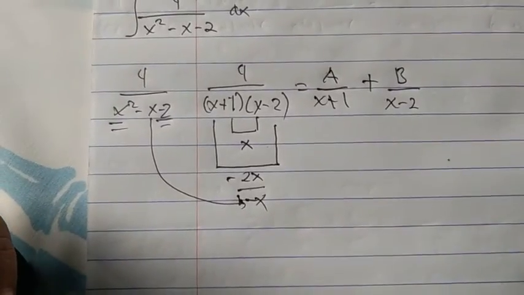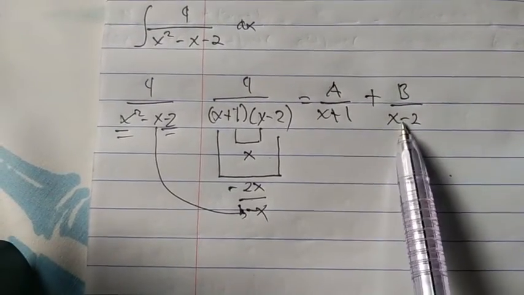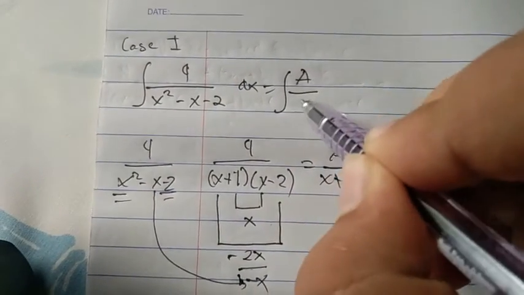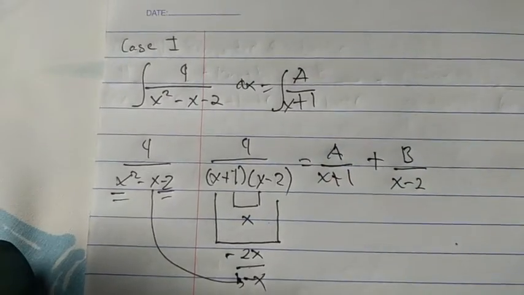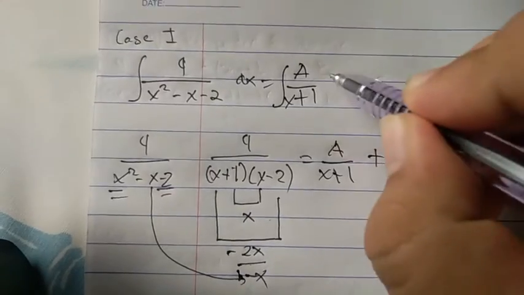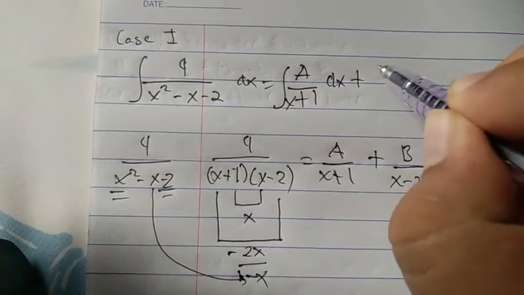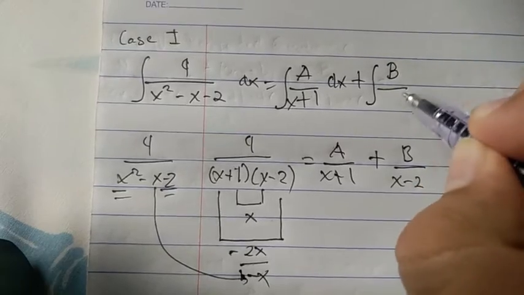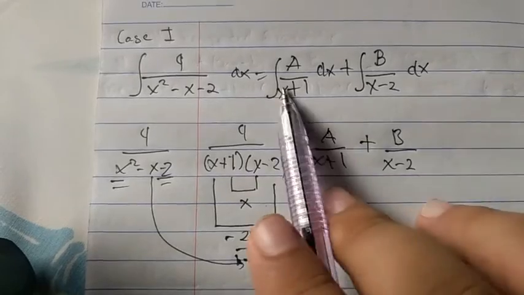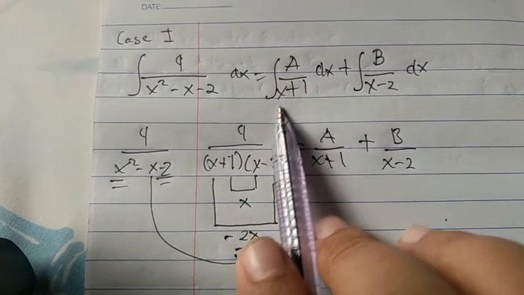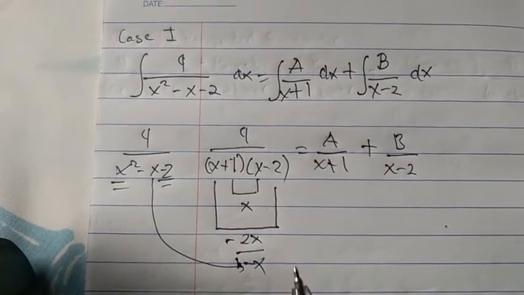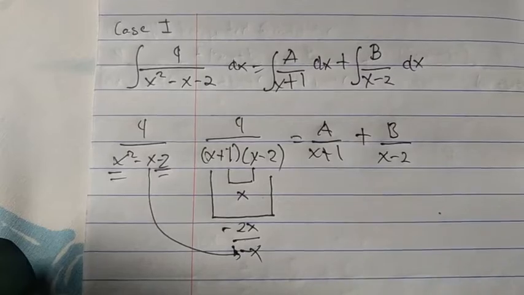So this will be the integral of a over x plus 1 dx plus the integral of b over x minus 2 dx. After we get a over x plus 1 dx plus b over x minus 2, we use this part to get our final answer. We use the cover up method.